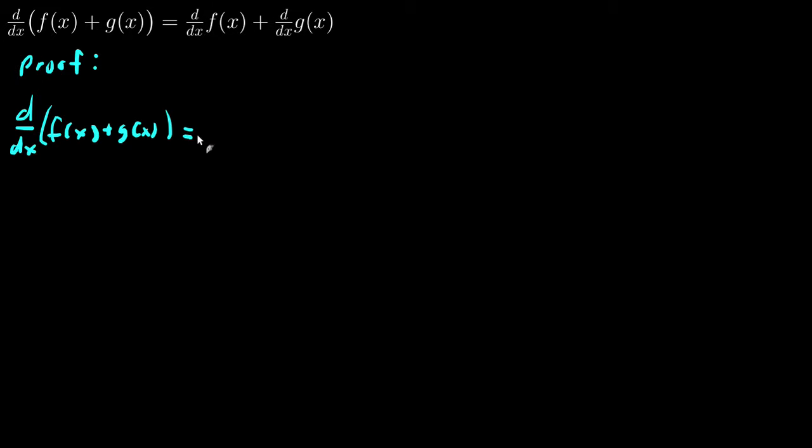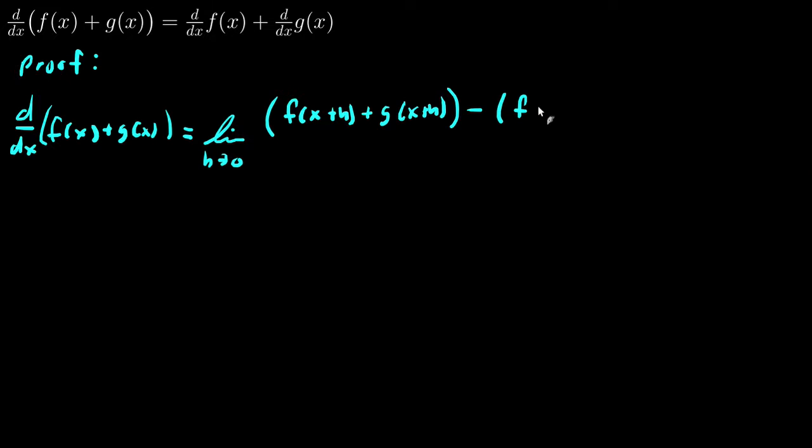So I'll use the definition of derivatives here and say, okay, the derivative will equal the limit as h approaches 0 of the difference quotient, which is going to be f of x plus h plus g of x plus h minus f of x plus g of x, all over h.